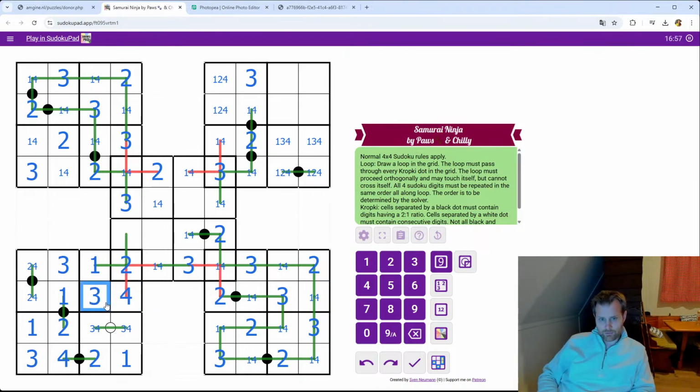So this is a 3, this is a 4, this is a 3, this is a 2, this is a 4. Okay, so we know this is a 1, so it goes like 3, 1, 2, 4.